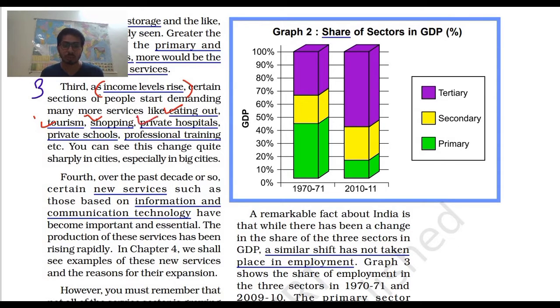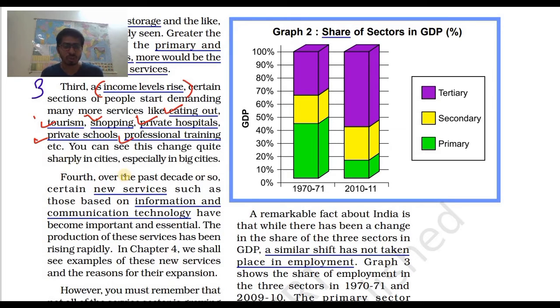Like private hospitals, earlier there were very few private hospitals near to independence time, around 1950. So private schools around your locality or society, just see in 5 kilometers how many new schools are there, and there's a lot of competition among them. Then professional trainings, nowadays you can see various coaching institutions providing skating, cricket coaching, and many more professional coachings.